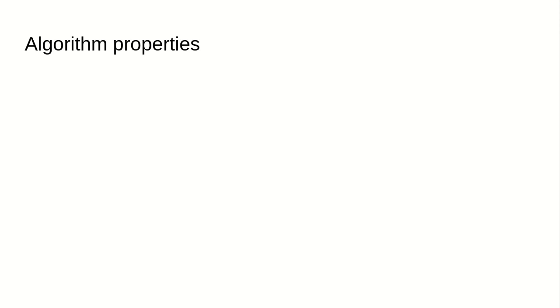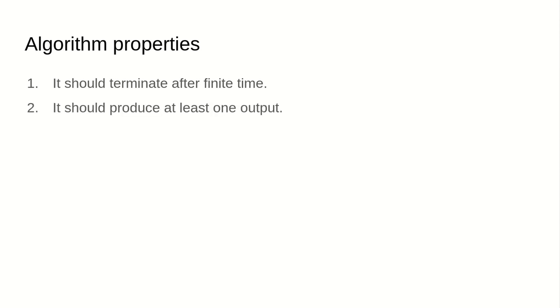Properties. The first property of an algorithm is that it should terminate after a finite amount of time. Next, it should produce at least one output. If it is not producing any output, why would we write any algorithm or any program?